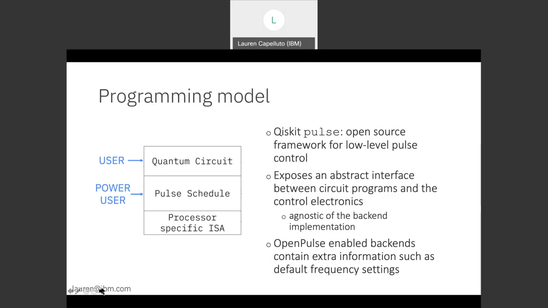So this lower level interface for a power user is going to allow them to send the exact signal data that they want to play on every channel across the device to influence qubits on that device. It'll also allow the user to collect information about that backend and collect readout data.